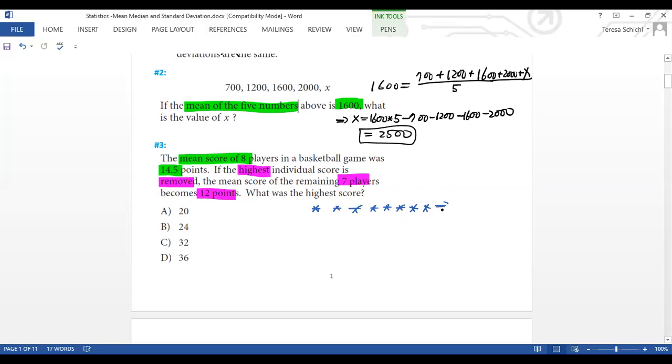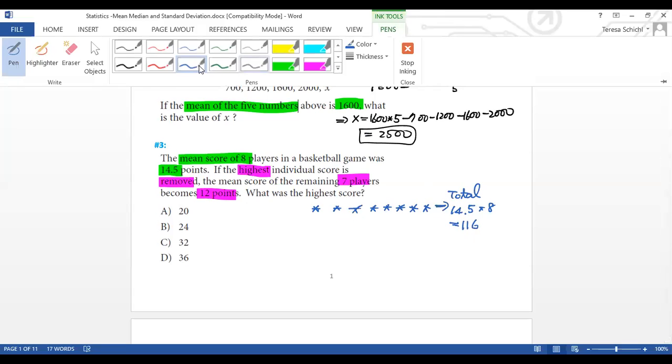So what is the total for these 8? It will be 14.5 times 8, because when you add them together and divide by 8, it gives you the average. So the total of these 8 players is 116.